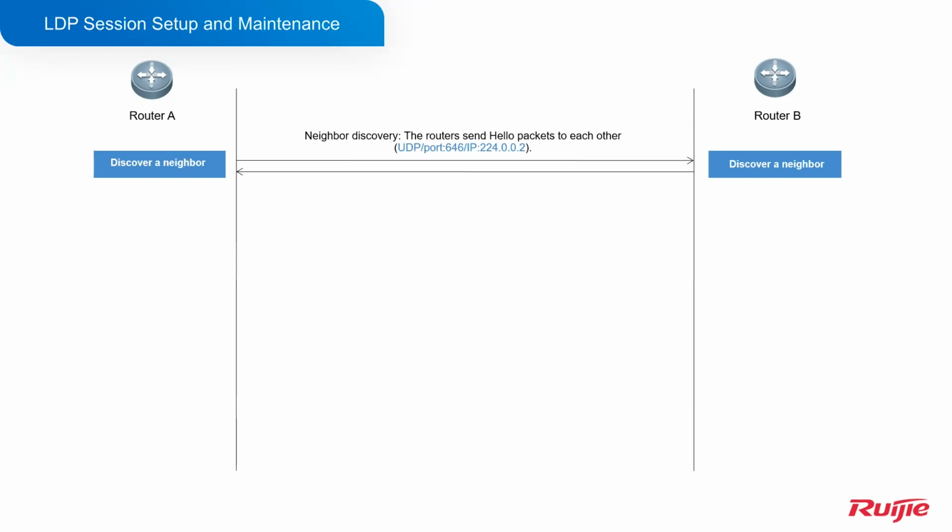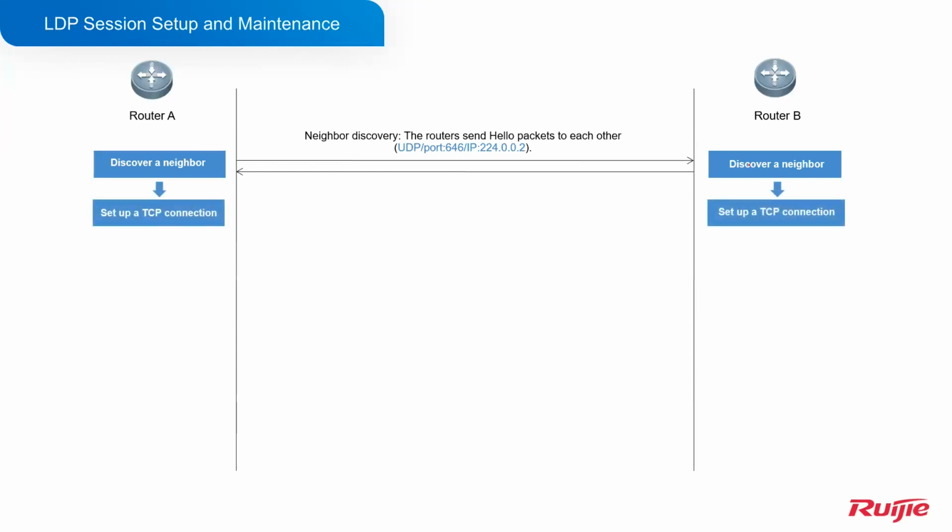The destination IP is 224.0.0.2. And the purpose is I will send out the hello packet to you. I want to establish the relationship with you. So this is the first one. And because this is a multicast packet, it can only be sent in the same link. So pay attention to this one.